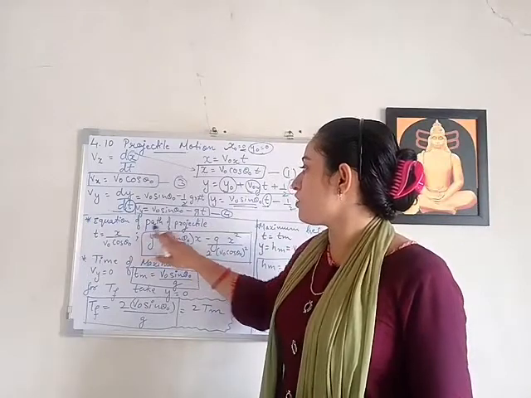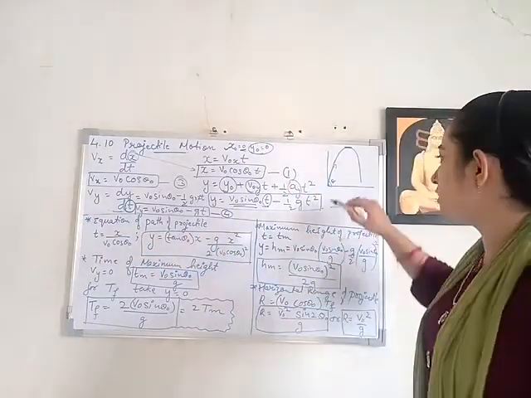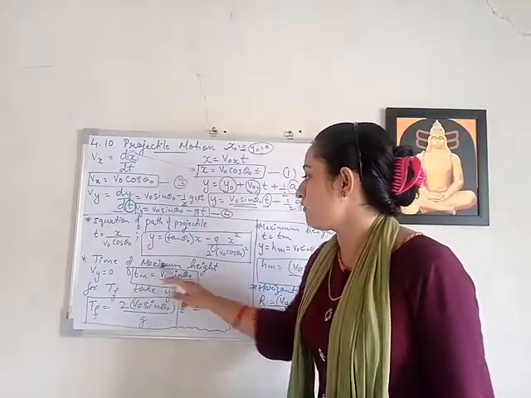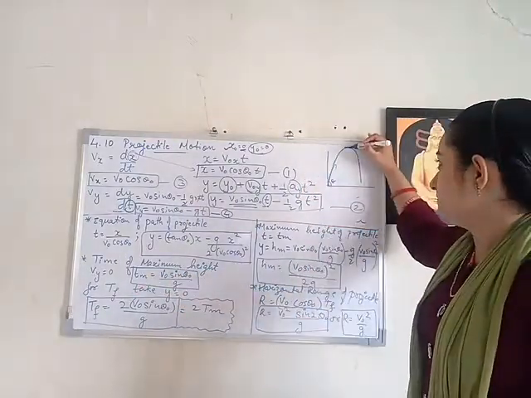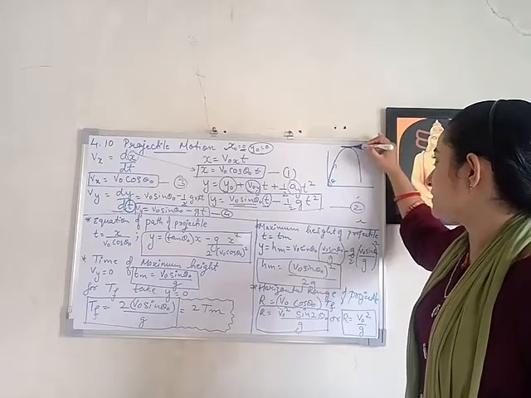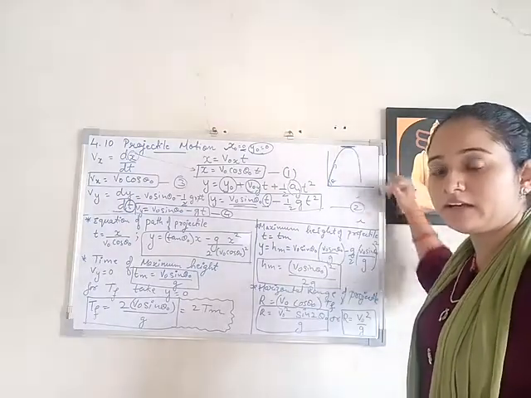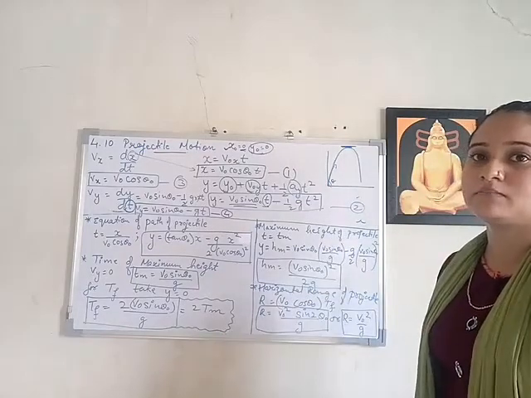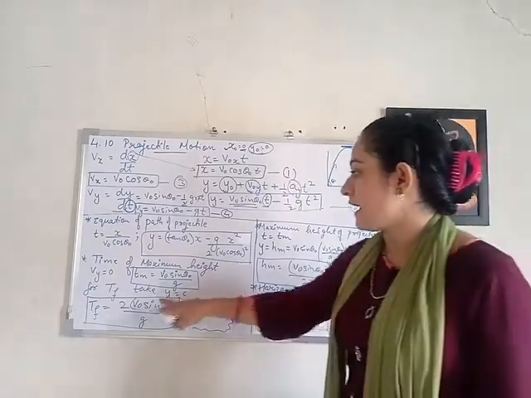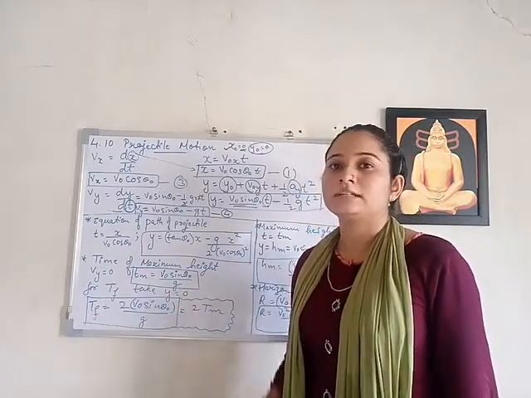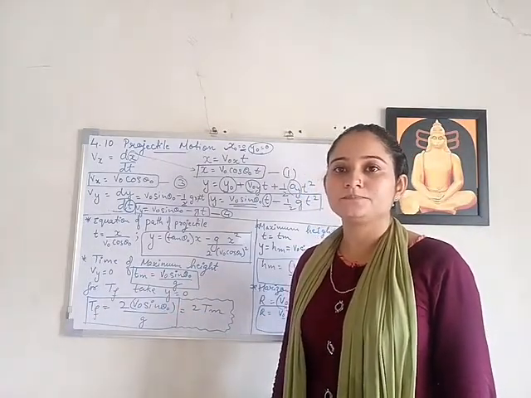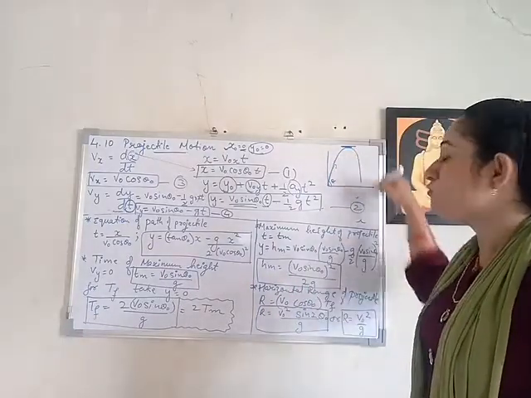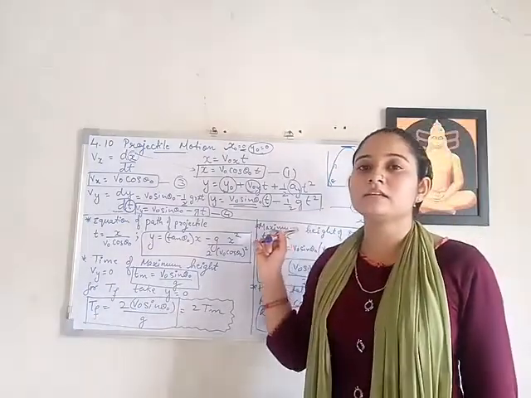First is the equation of path of projectile. What will be the path of the projectile? Second one is time of maximum height. That is, if the object reaches the maximum height and then comes downwards, what is the time of reaching that maximum height? With that, we have the TF, that is time of flight. Time of flight means for how much time it remains in the air.